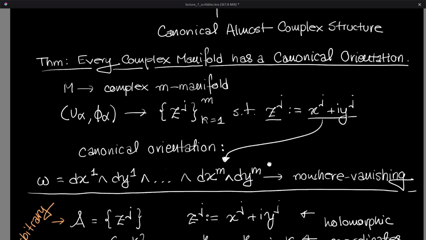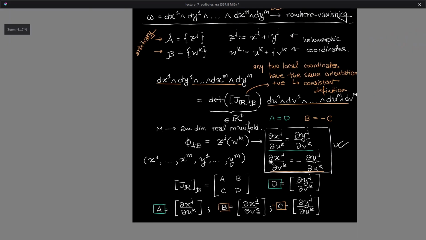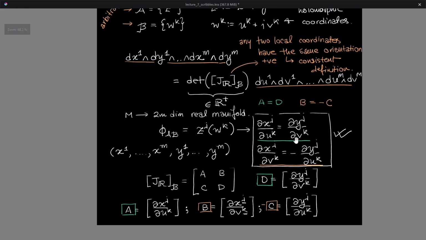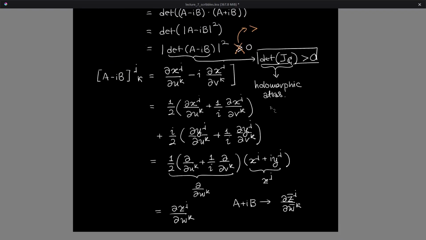So therefore, we've proven this claim that we have a canonical orientation given by this form. All right, so that proves our claim. We'll need to go to the next page now.